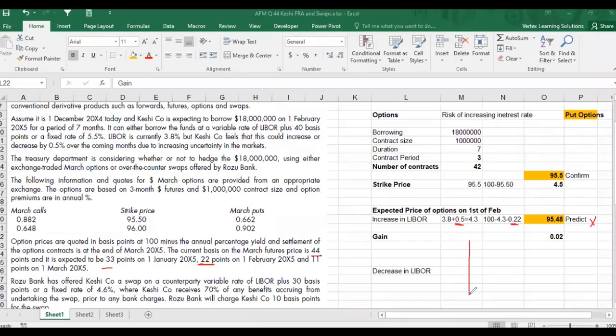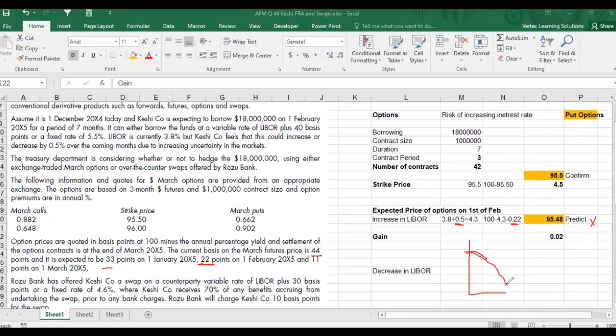So we assume that these 44 bases will evenly decrease over the period. It has 4 months, December, January, February, March. So 44 divided by 4 is 11. So every 1 month, it will lose 11 basis point.